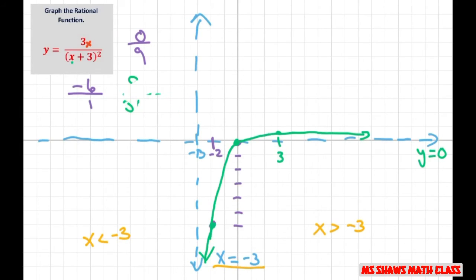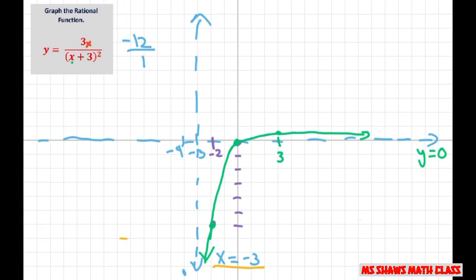Now let's look and see what's going on the left side of x equals -3. Let's plug in -4. If I plug in -4, I'm going to get -12 divided by (-4 plus 3), which is -1 squared. That's 1. So at -4, we're at -12. That's way down in here, so I'll just kind of put it down there, since I don't have room.